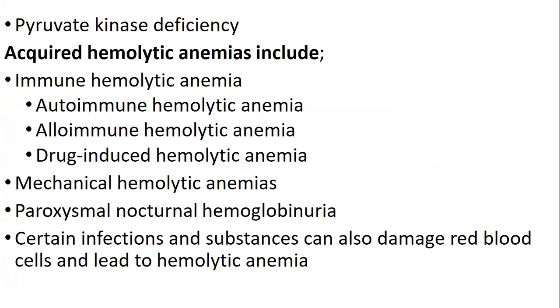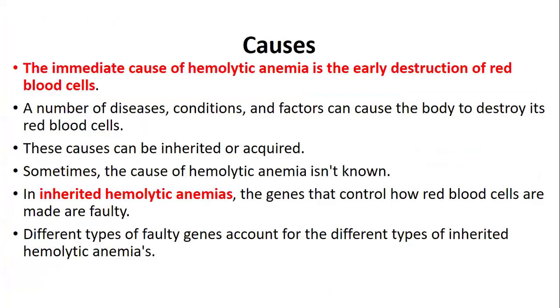Amongst the acquired types of these anemias could be autoimmune hemolytic anemia. Due to autoimmune responses, the person develops hemolytic anemia, and they have a rapid breakdown of red blood cells. As we have already explained, the immediate cause of hemolytic anemia is early destruction of red blood cells.